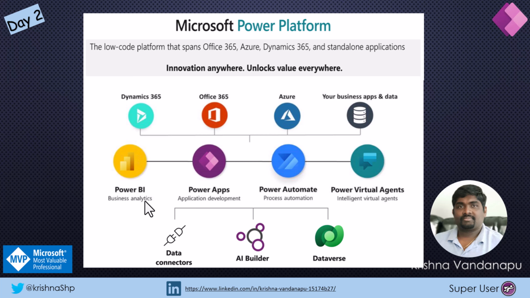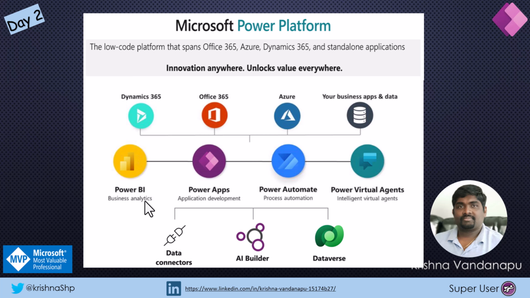Third one is Power Automate. In Power Automate, there is a process we do which is called automation, where we notice that a process can be automated and can run without user intervention or user presence. That is where Power Automate comes into the picture, which means we automate the job and we use that job to perform all the operations.